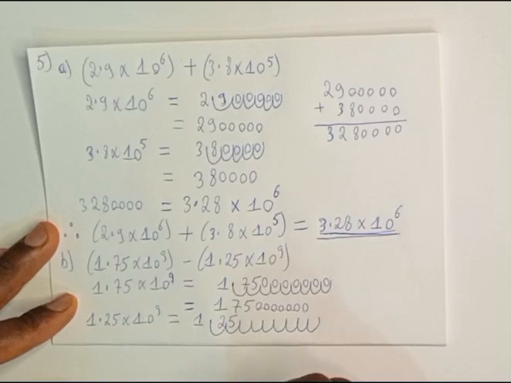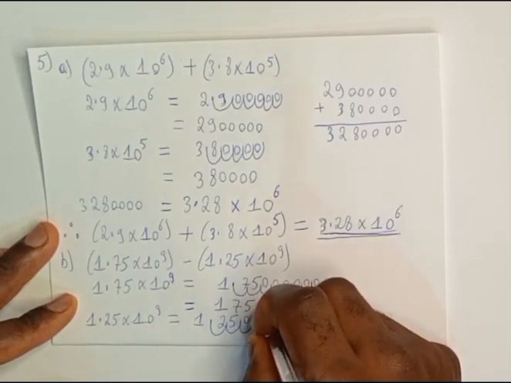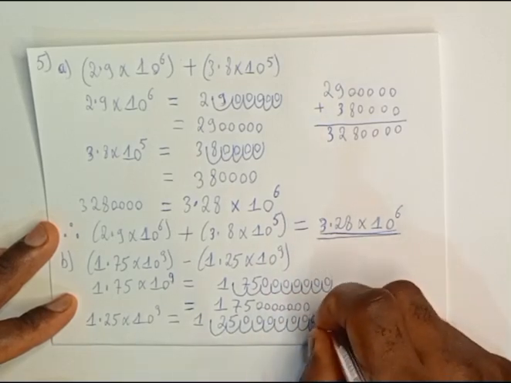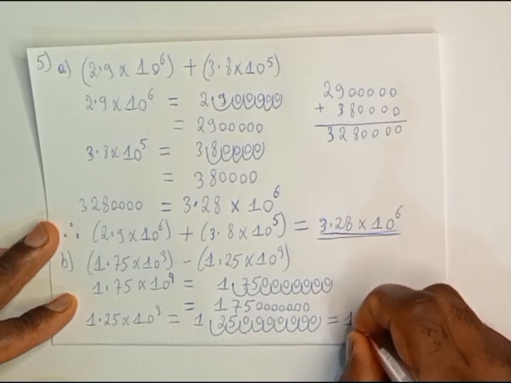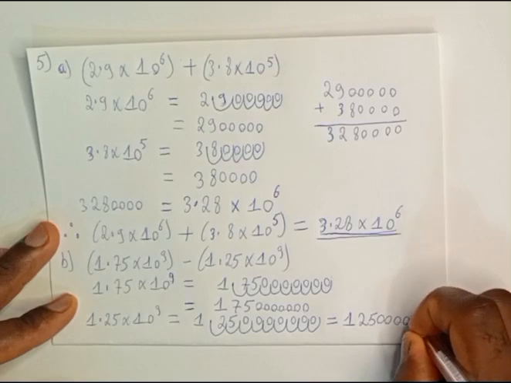Then we fill the empty spaces with zeros, and this will simply be equal to 1,250,000,000.